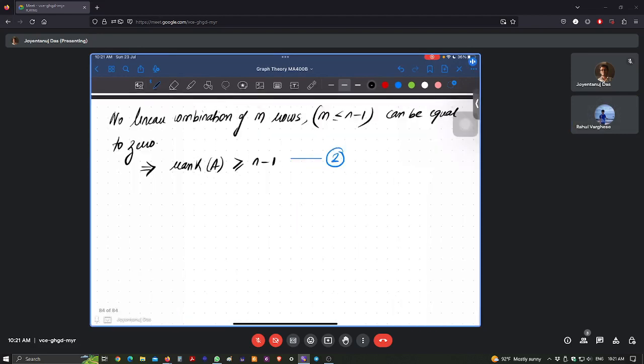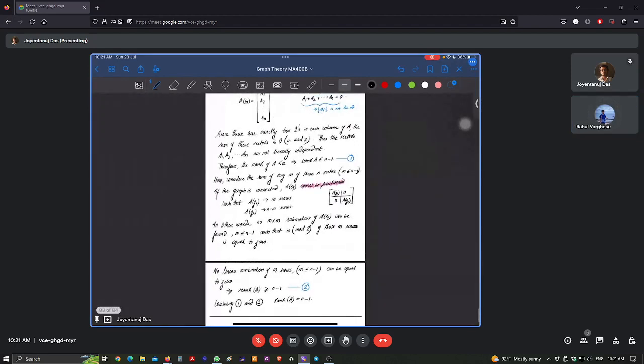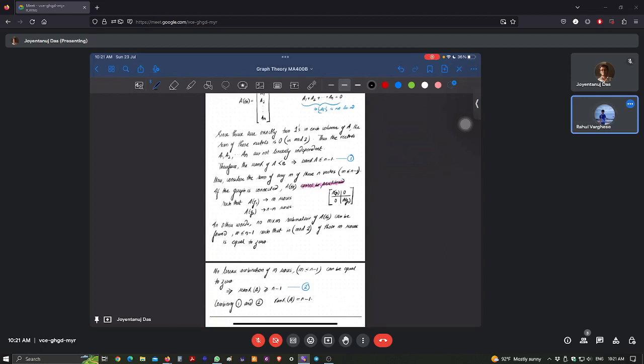So combining 1 and 2, we have that rank of A is exactly equal to n minus 1. Okay, see the proof once.